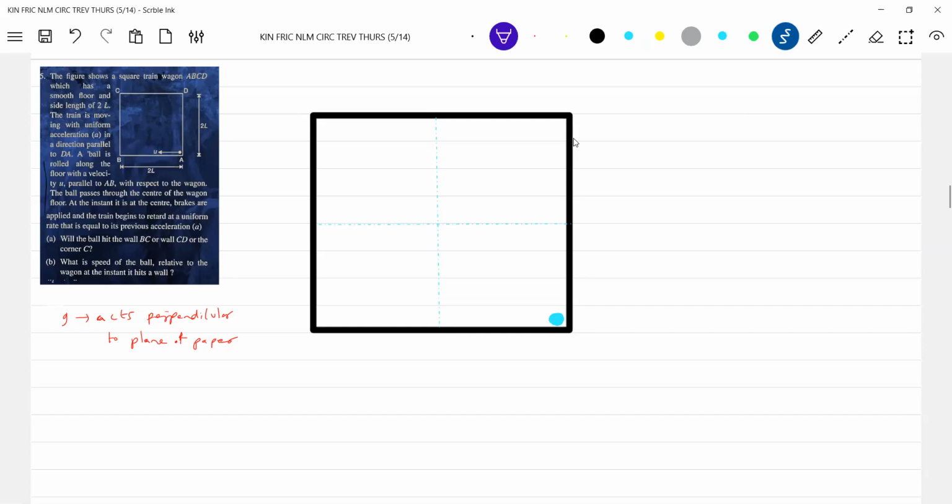So you write it. At the same time, it will accelerate. So let's discuss the motion of the person standing on the platform. Because of horizontal velocity and acceleration, what do you expect? A parabolic path, you know, projectile motion. And this is telling us it will pass through the center. So how should the path be? Parabolic.